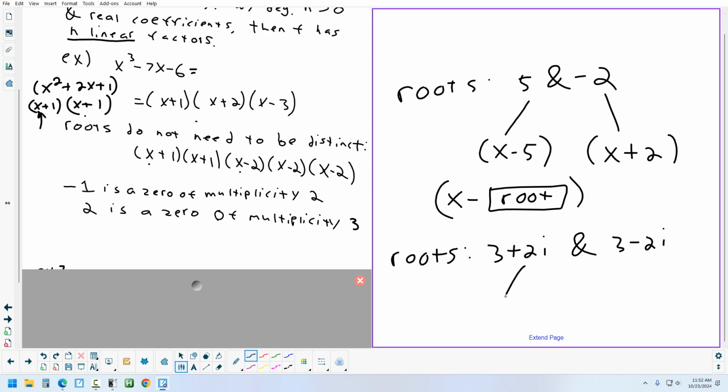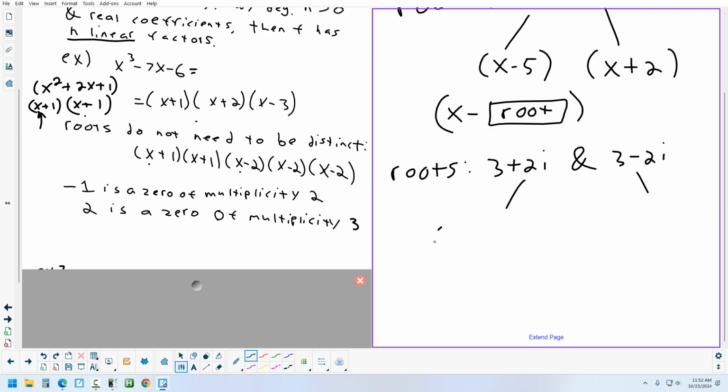So now, I want to do the same thing you did up above. Tell me what the factors would be. X minus what? 3 plus 2i. That's x minus your root. And what would be the other one? X minus 3 minus 2i.